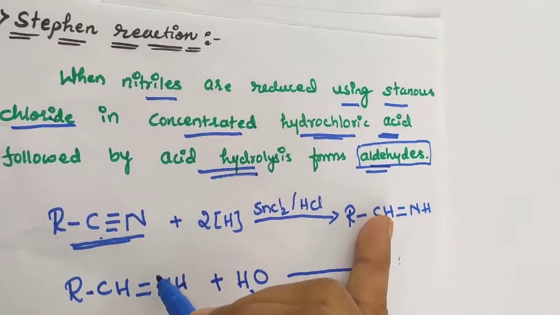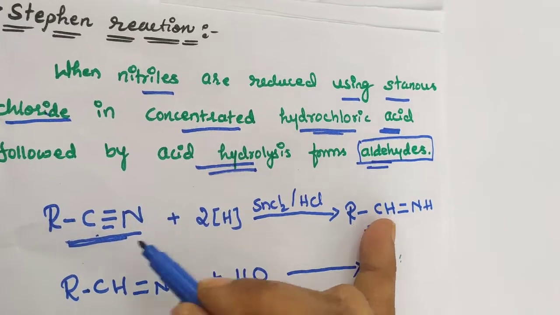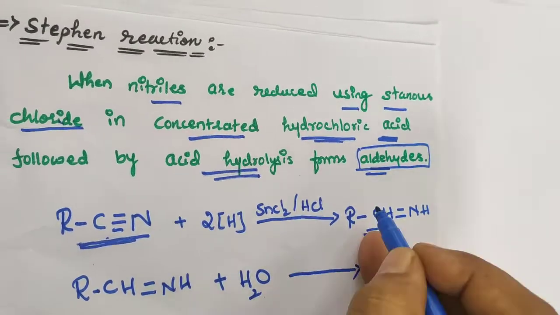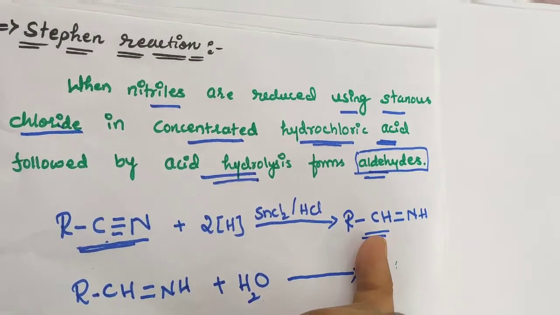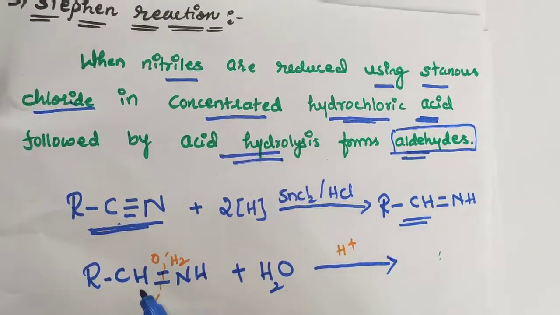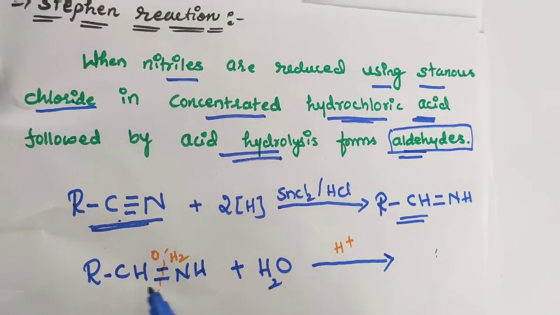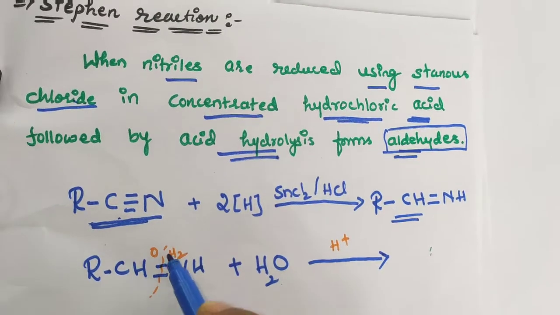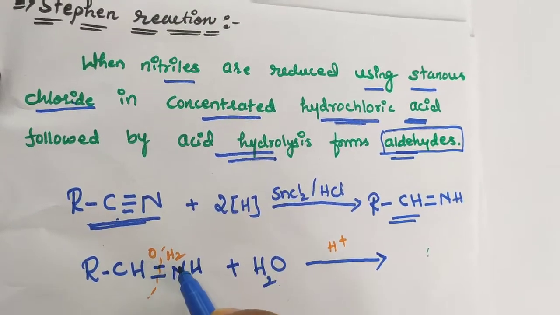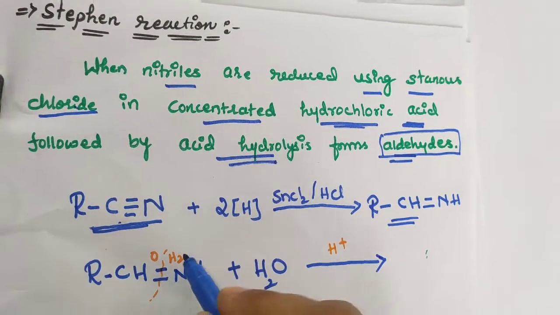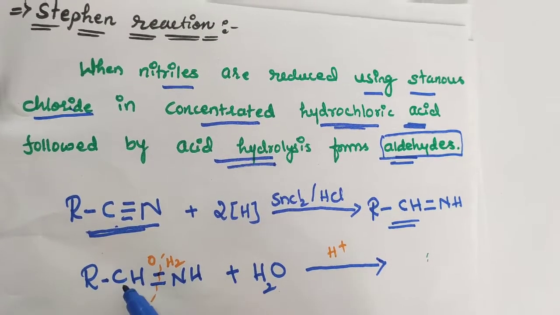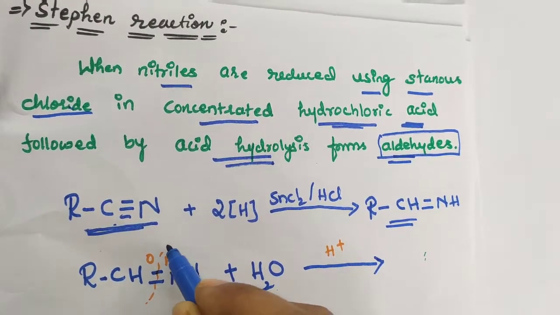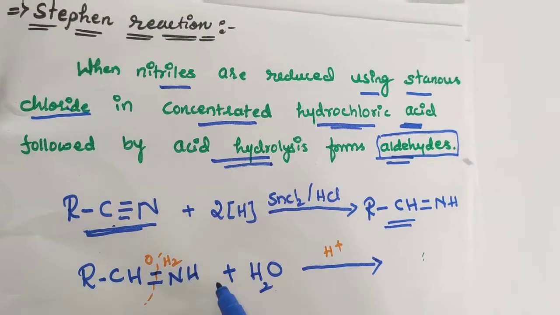Now let us see what we get when we apply acid hydrolysis to this intermediate product. Here we are applying the hydrolysis process to RCH=NH by adding a water molecule. Whenever we add a water molecule, what product do we get? The intermediate product breaks down.